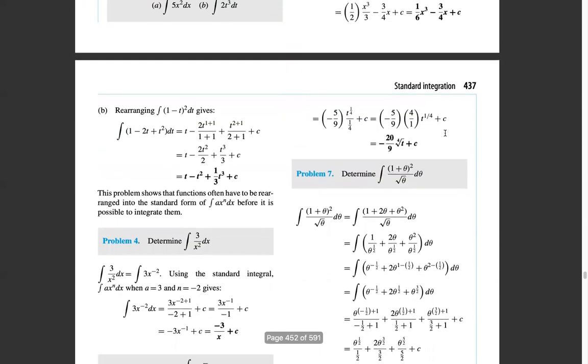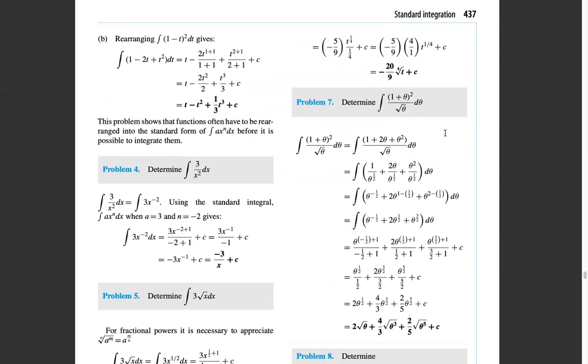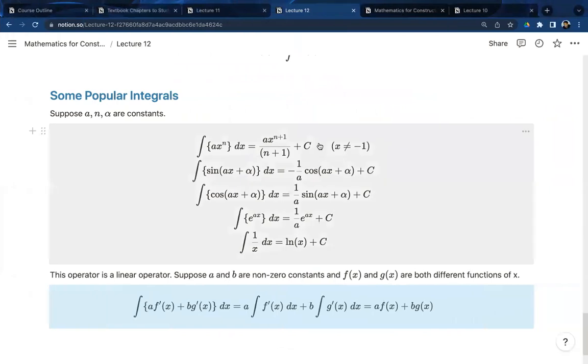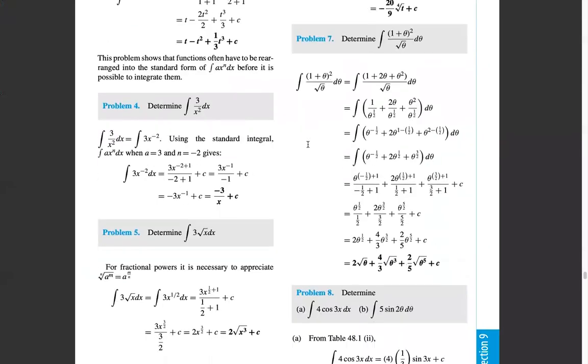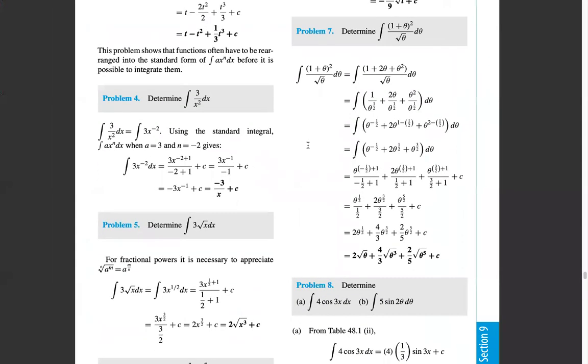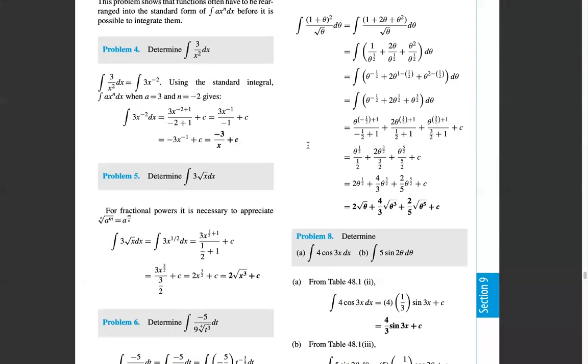So there are lots of examples using polynomials here. Essentially just using the rule. Which rule is that? That's this first rule here, the ax to the n plus 1. That's all these examples showing here. Sometimes you have to find the constant of integration, and they will give you some information to find that.